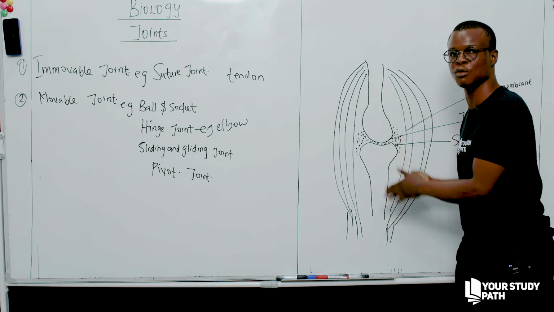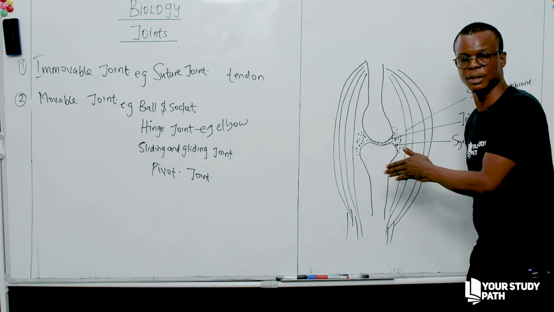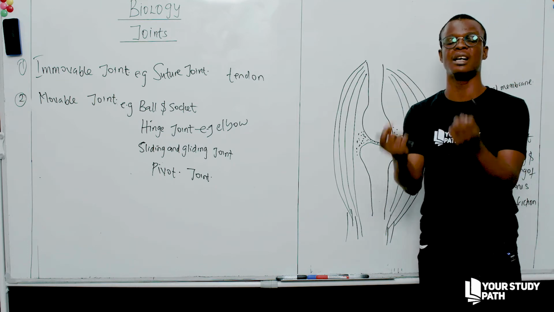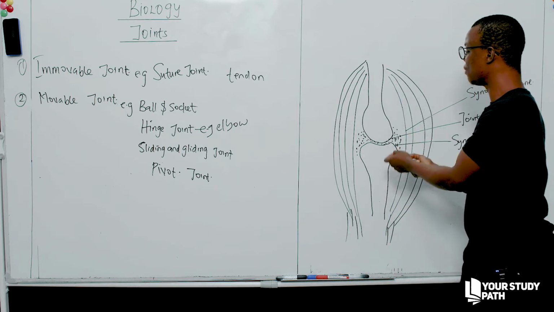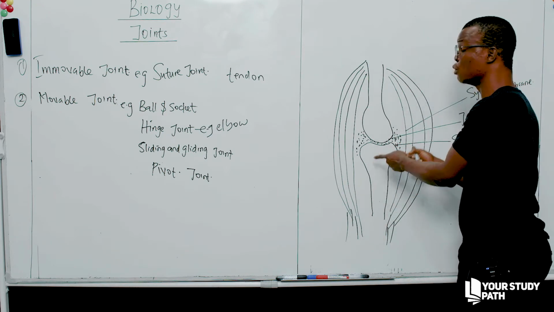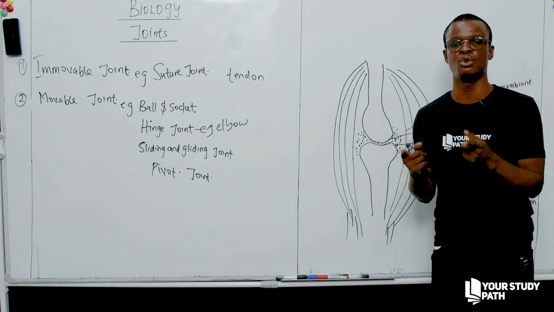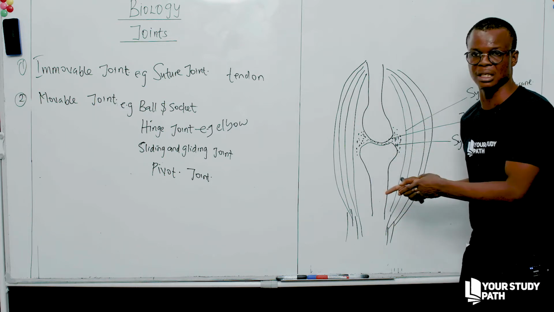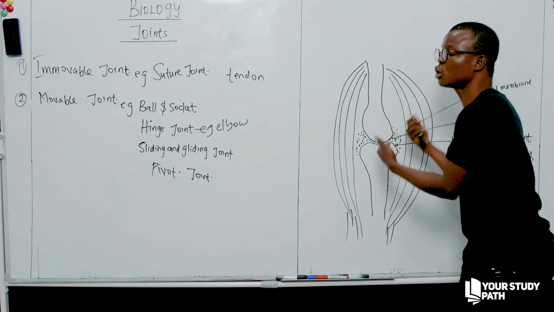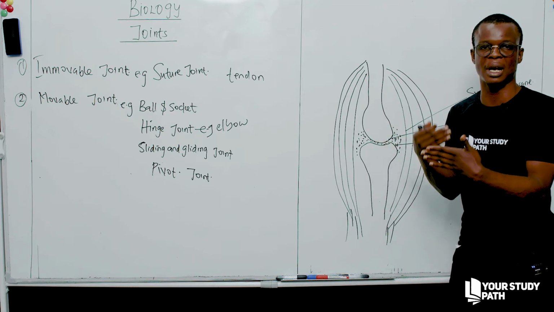That's the primary function of the synovial fluid. Once the synovial fluid dries up as a result of age, which is common among elderly persons, such an individual will be battling what we call arthritis. This is a situation whereby the two bones begin to touch each other, little by little.